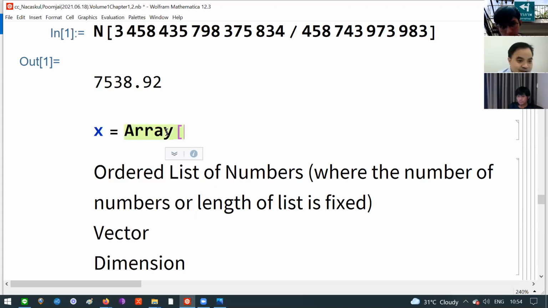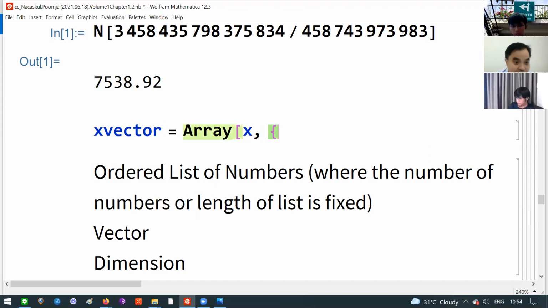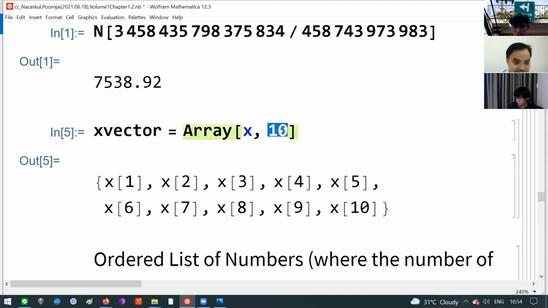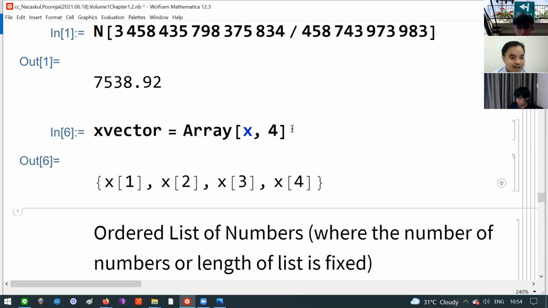So to distinguish the value from this, I might say something like X vector, to emphasize it's a value of x from dimension 10, I think. Can I do that? Yeah. Okay. So dimension 4. So right away, it's assigning x 1, 2, 3, 4. But it's using this notation. It's not writing like this. It's not writing like this.